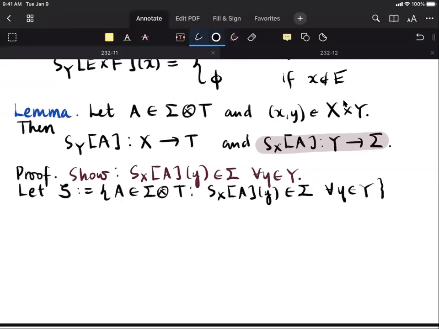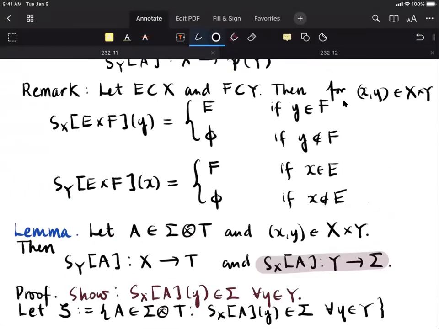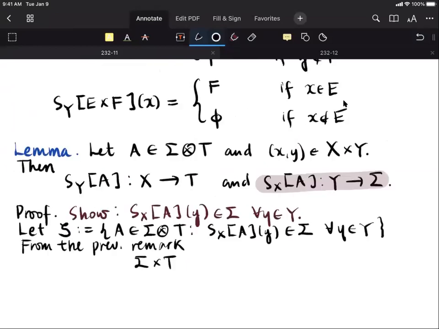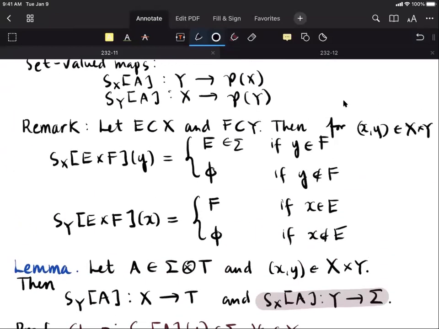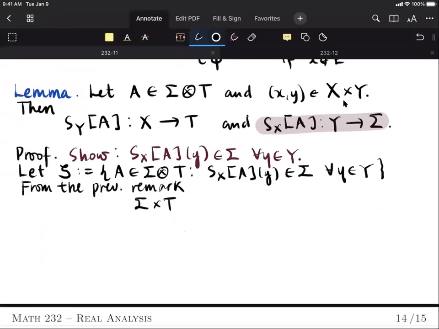Note that according to the previous remark, we know that the section is an element of sigma cross T if E is in sigma or F is in tau.